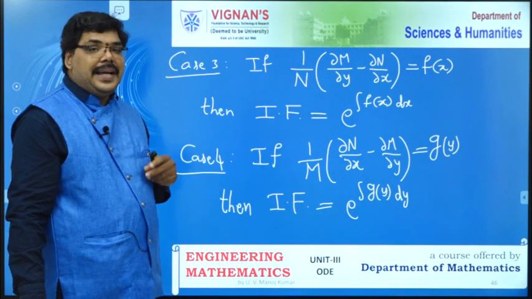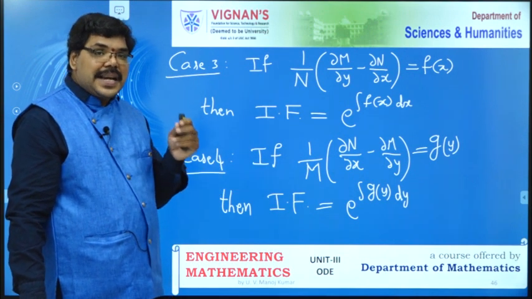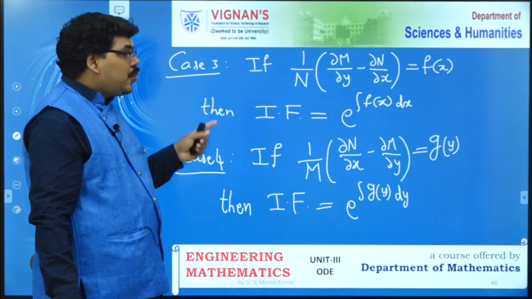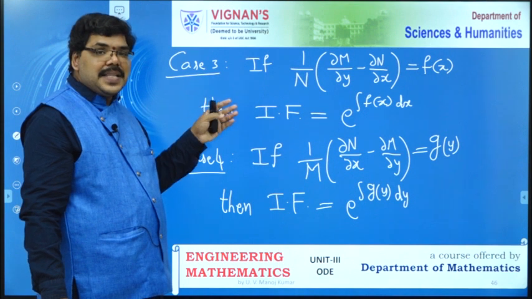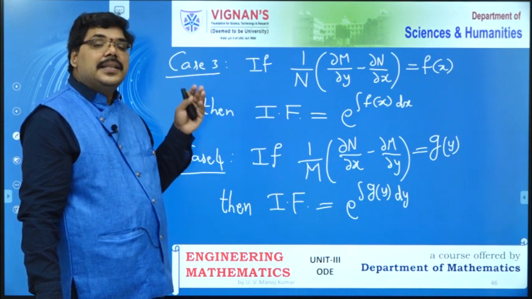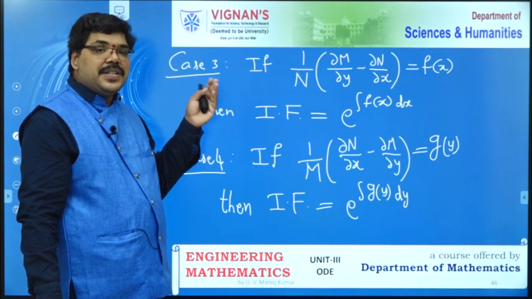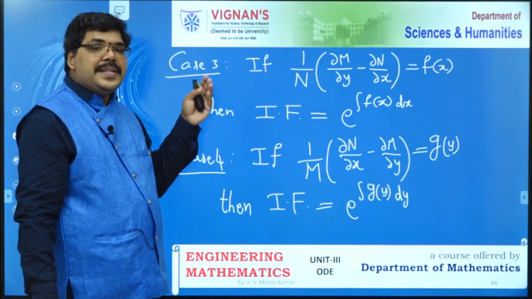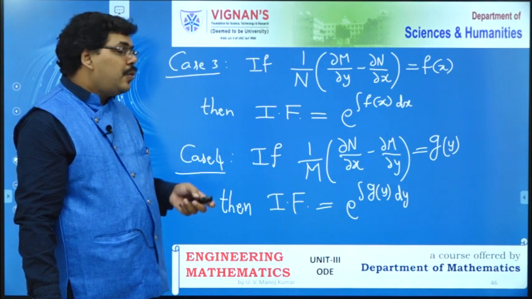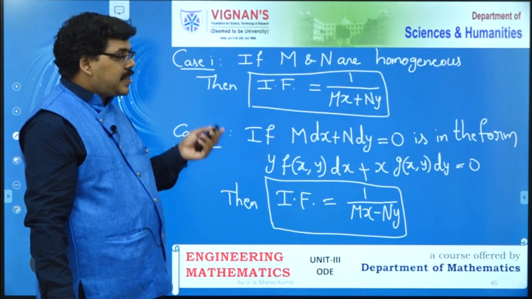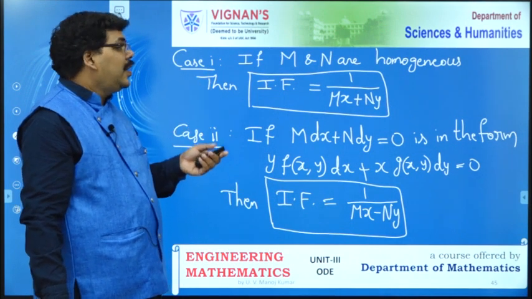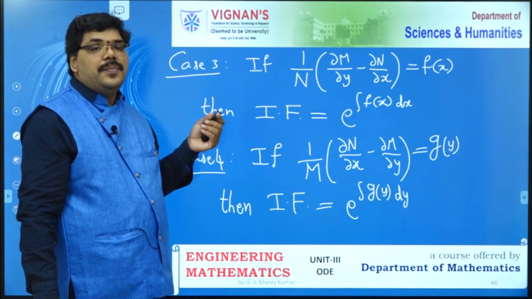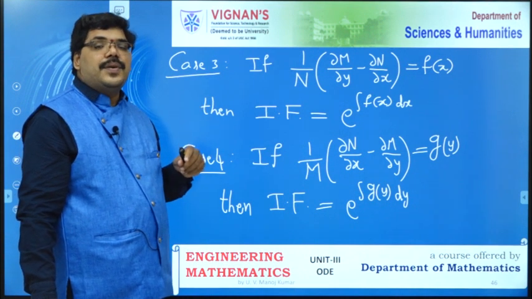If you are able to understand clearly, these two are similar to the integrating factors that we calculate in the linear differential equation form and Bernoulli's differential equation form. So all these four cases cover the homogeneous differential equation form, linear differential equation form, and Bernoulli's differential equation form.